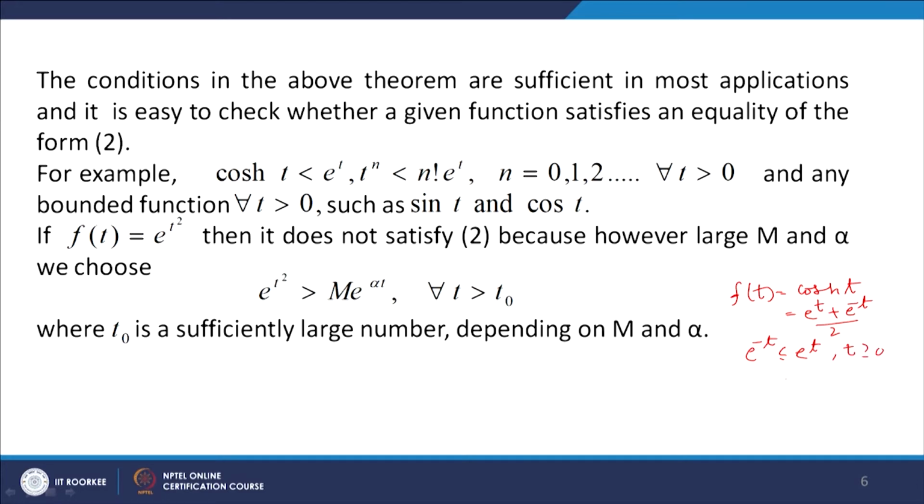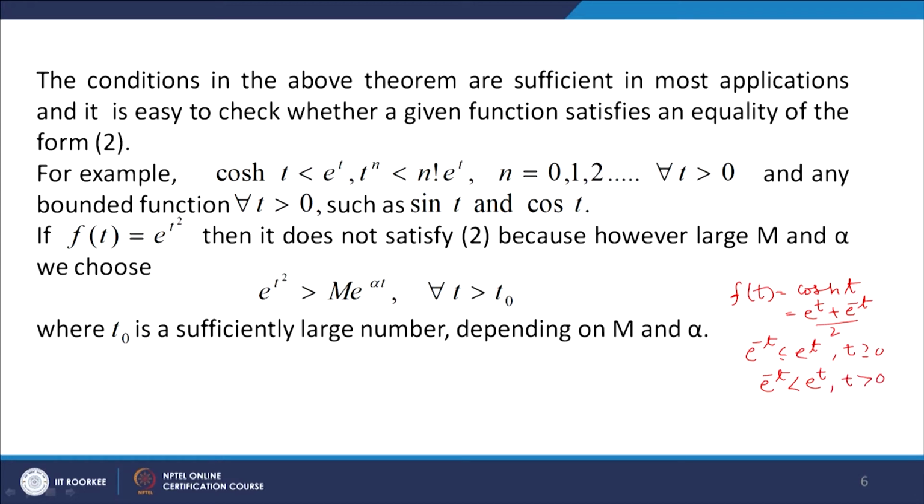If t is greater than or equal to 0, at t equal to 0 we have f(t) equal to 1 plus 1 by 2, that is 2 by 2, that is 1. Otherwise, if t is greater than 0, then e to the power minus t is strictly less than e to the power t.